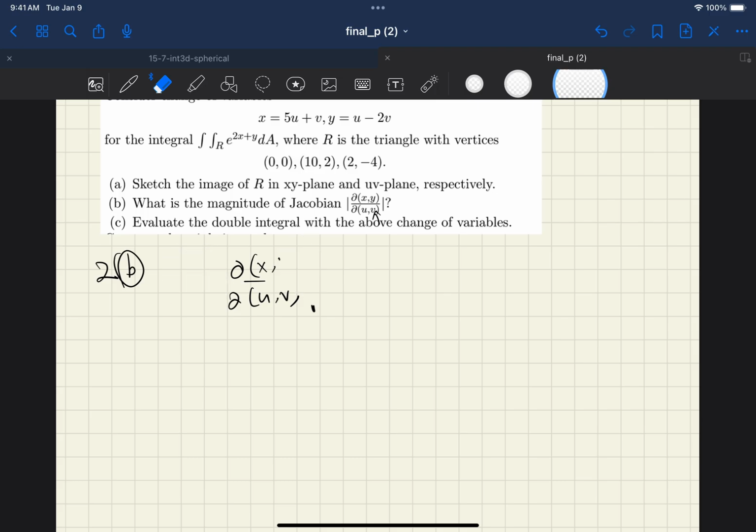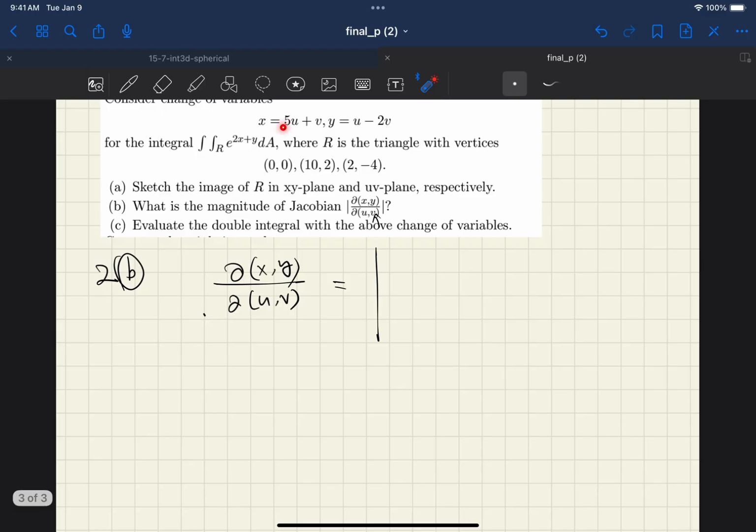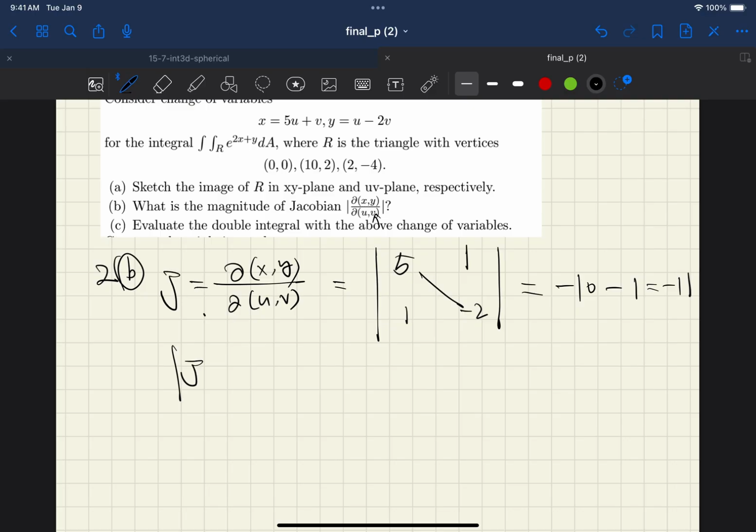So the Jacobian is x_u. We should focus on this. X partial derivative with respect to u is 5, right? x_v is 1, and y_u, y_v. So if we calculate, this is negative 10 minus 1 times 1, negative 11, which is J, but its magnitude is not negative 11, it's 11.